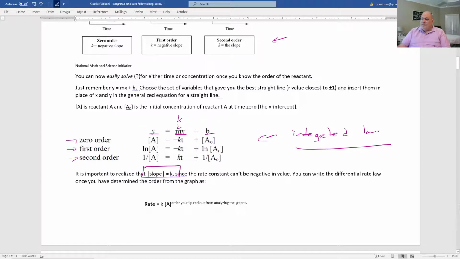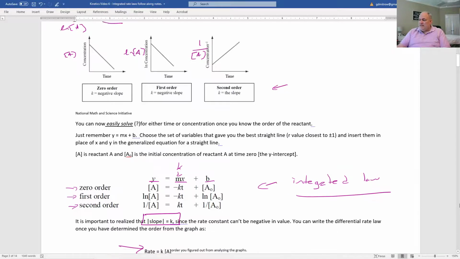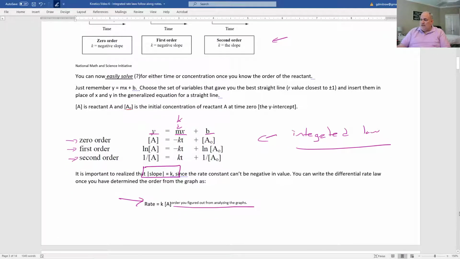Now, again, this may seem a little confusing until we actually start doing this, but what we can actually do is this. We can write our differential rate laws like we did before. Rate is equal to k times the concentration of A based on which order we figured out. So if we plot the concentration of A versus time and we get a zero order, that means that down here we're going to write k A to the zero, which is just rate is equal to k.